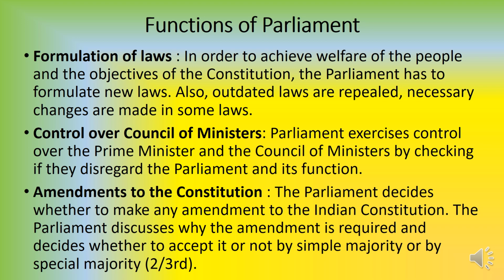Now, what are the objectives of the Constitution? Justice, equality, liberty, etc. So the parliament sees to it that the objectives of the Constitution are fulfilled and they take care of the people. So, while making laws, they keep both these things in mind.